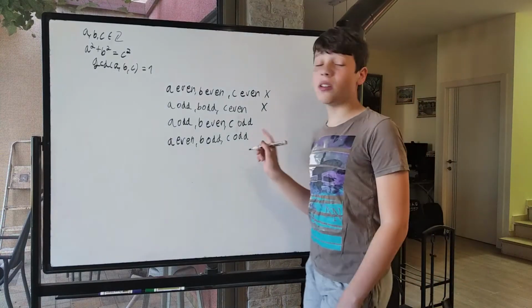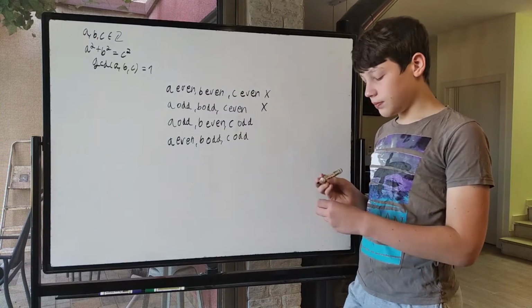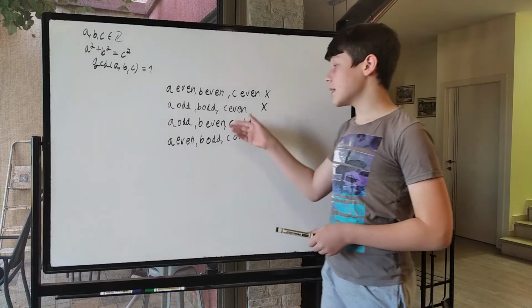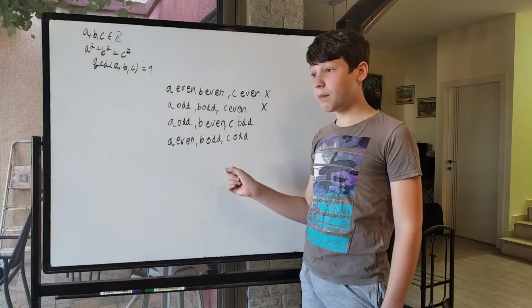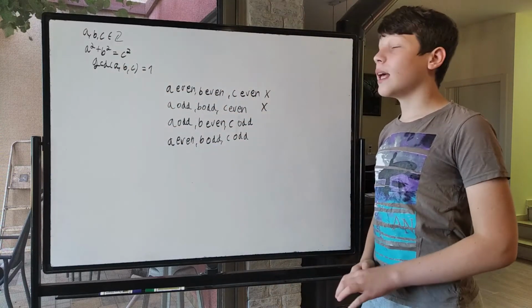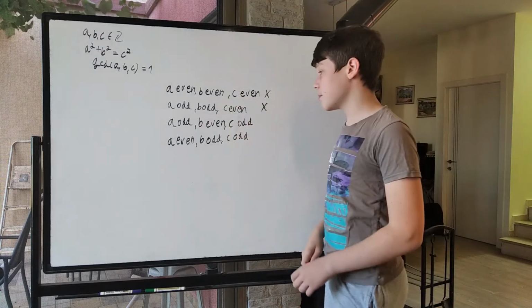Now you can think about these, but you'll get no contradiction when playing around with these. And that is to be expected, because these are basically the same case. We just switch between the A and the B. And because of the symmetry between A and B here, these are pretty much the same case.